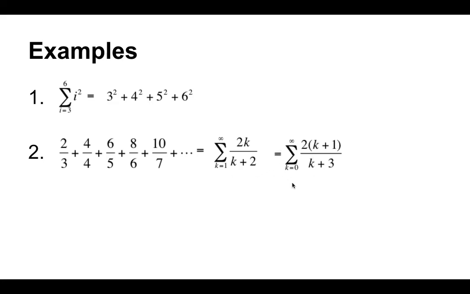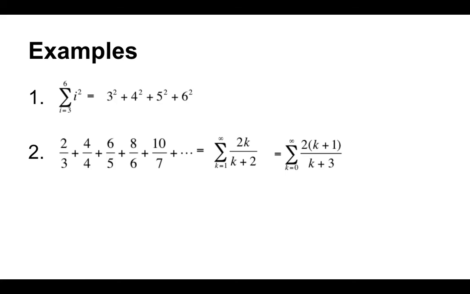You can start the count at 0, and so now I just have to adjust these things. Now I have to add 3, and I have to add 1 up here to get it all to work out. So there would technically be infinitely many ways to write this in sigma notation, all depending on what value of k I started at. 0 and 1 are probably the most common.